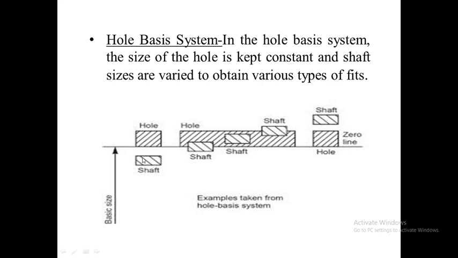Now you can see from the diagram that the tolerance zone for the hole is fixed, whereas the tolerance zone for the shaft is not fixed, it is moving. So in this system, the tolerance or the hole size is kept as fixed, whereas the shaft size is varied to obtain different types of fits.